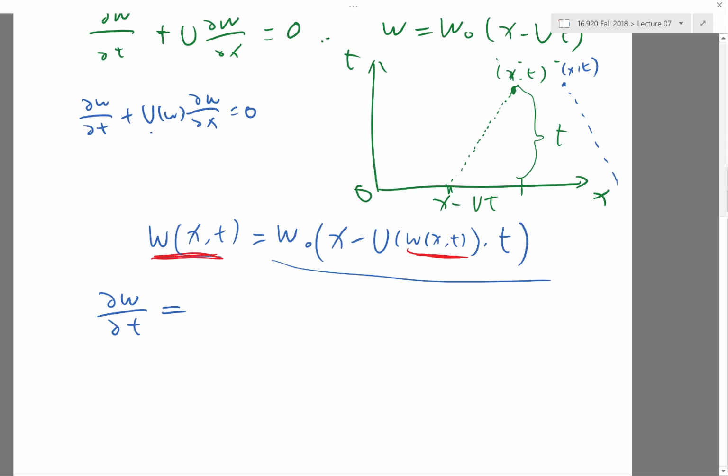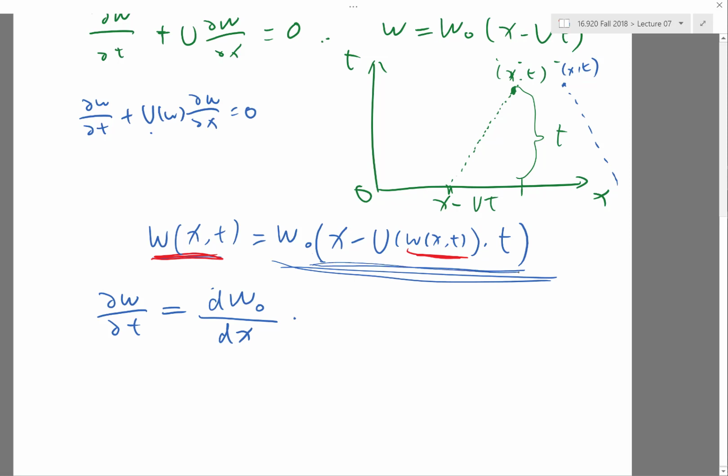Okay, let's take partial w, partial t. Let's just go through this carefully. If you use the chain rule, you get two terms. The first term is dw0 dx times the derivative of this whole thing with respect to t, right?